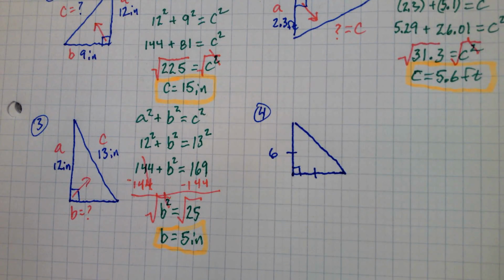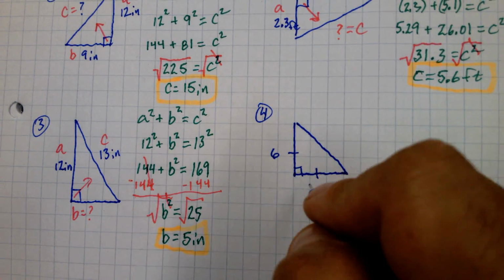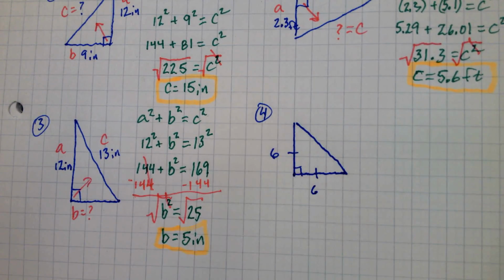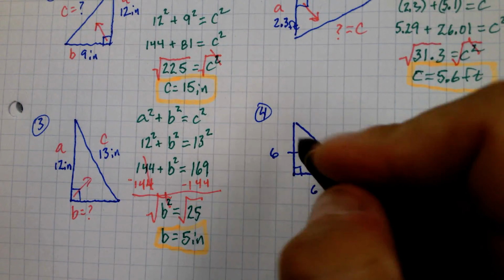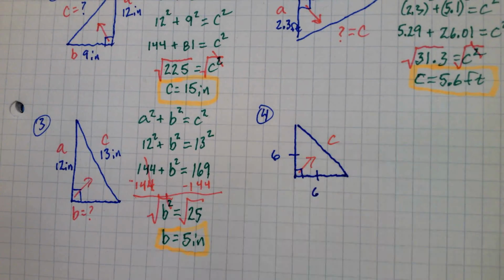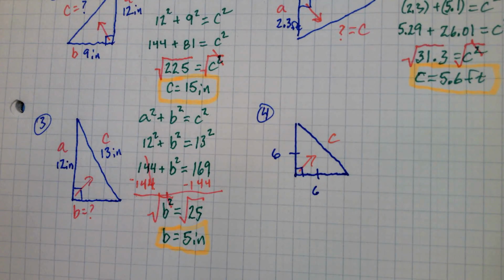So say I give you this. It's an isosceles right triangle. You know what isosceles means? 2 sides are equal. Yes. 6. 6 squared plus 6 squared equals. Yeah. That means this is 6, so we're going to figure out C again.